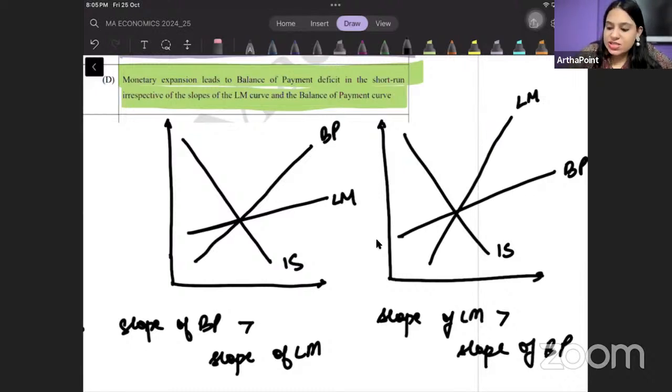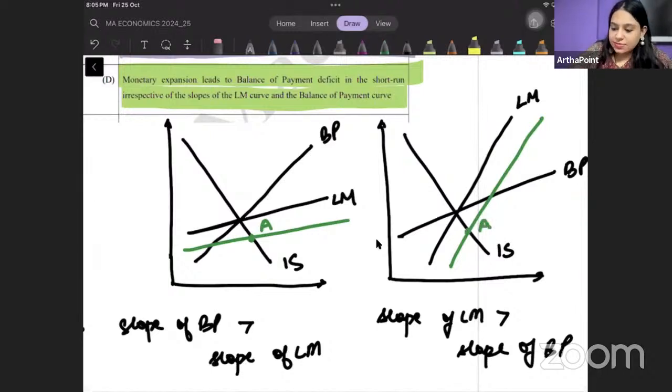Now there is monetary expansion, which means LM is shifting to the right. And you're reaching a point like A here, and a point like A here. Both times, point A is below the BP curve.